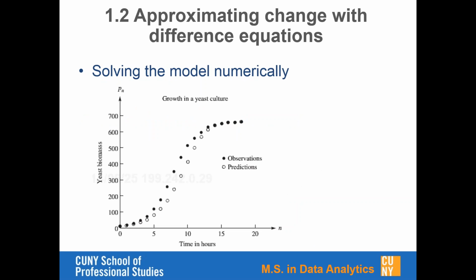And then the book tried to say that if we model that way, let's look at the observation versus prediction. The predicted value is in an empty dotted spot, and the actual observation is a solid spot. And you can see that, relatively speaking, the model is doing a reasonably good job.